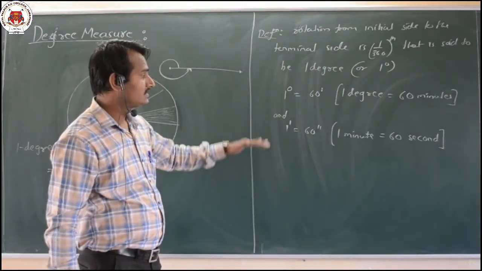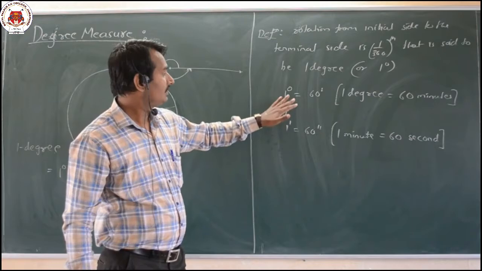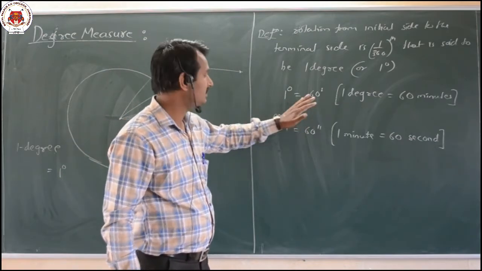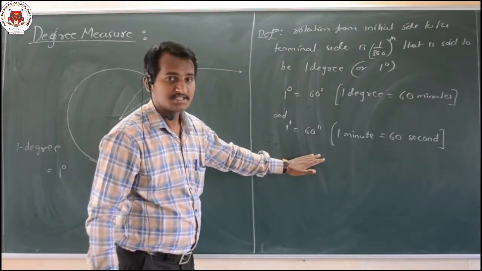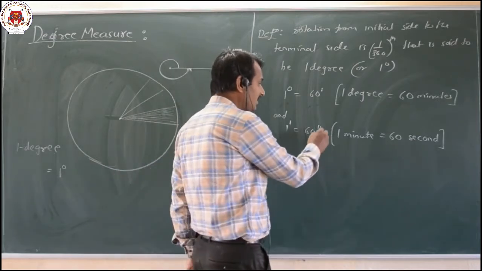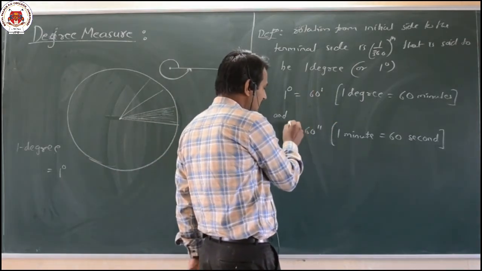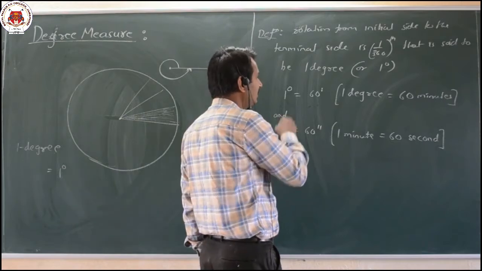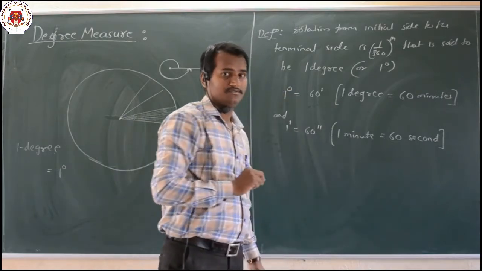Dear students, that is a very important thing to learn. Now 1 degree is 60 minutes, and 1 minute is 60 seconds. Seconds are denoted by a double dash, minutes by a single dash, and degrees by the power of 0.